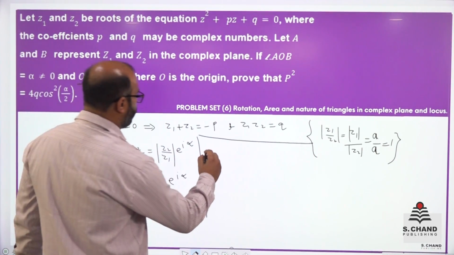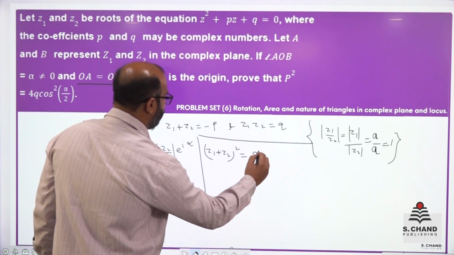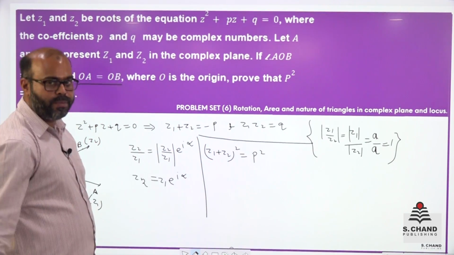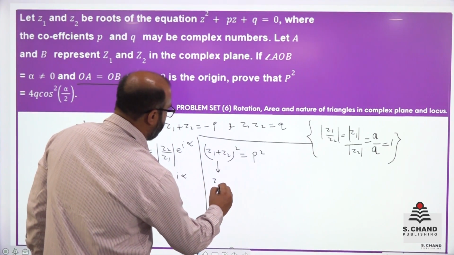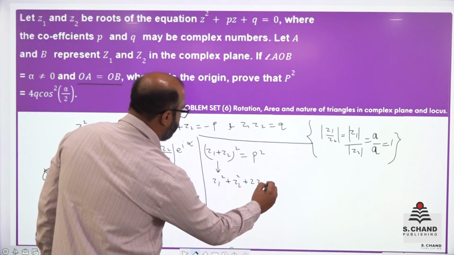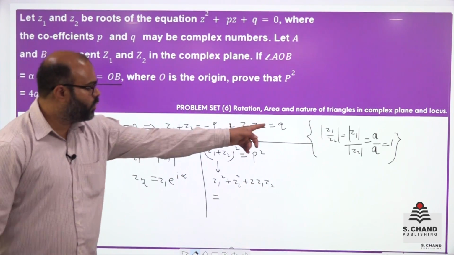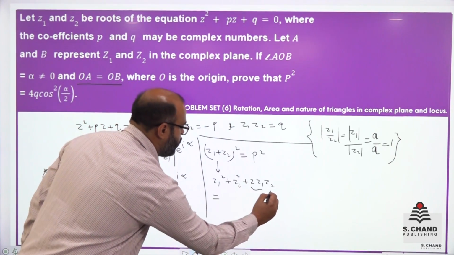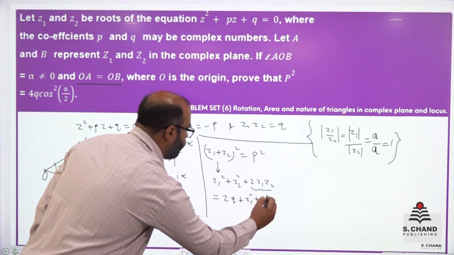z1 plus z2 whole square is actually p square, right? Since minus p whole square is p square, which is z1 plus z2 whole square. This is z1 square plus z2 square plus 2z1 z2. Now z1 z2 is q, so this portion is 2q plus z1 square plus z2 square.